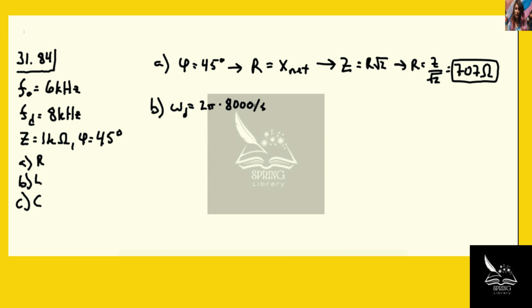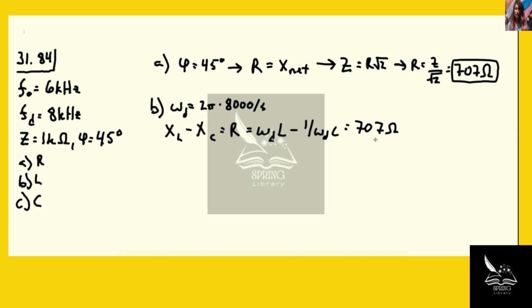So then we know that XL minus XC is equal to R. And so then this is the difference between the capacitive and inductive reactances, and that this equals 707 ohms.